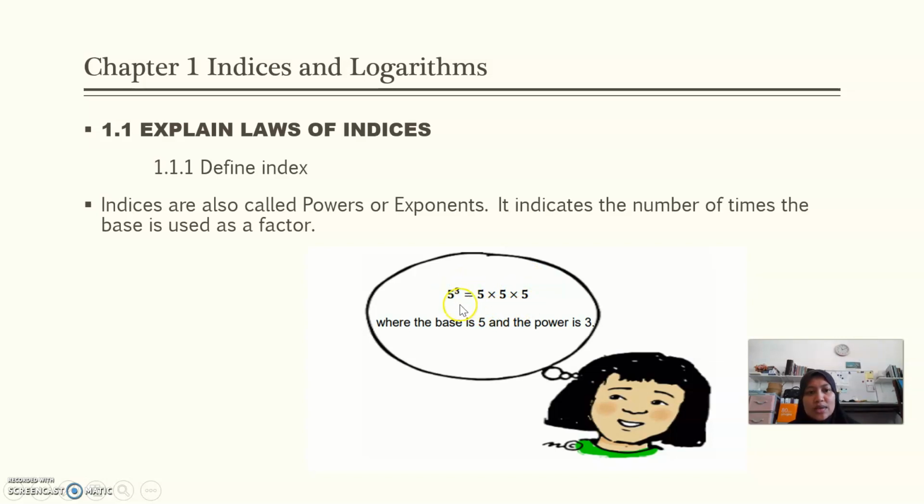This is what we call exponents or index, because it indicates the number of times we multiply. This 5 is the base, and we repeat it 3 times for the exponent.